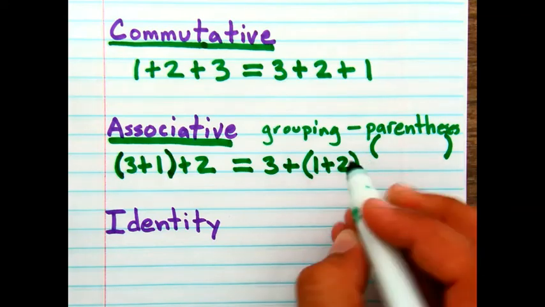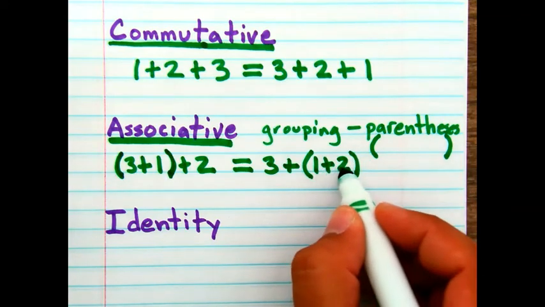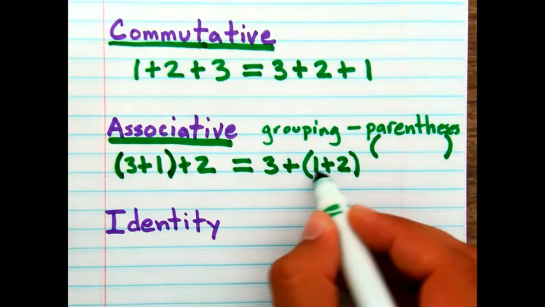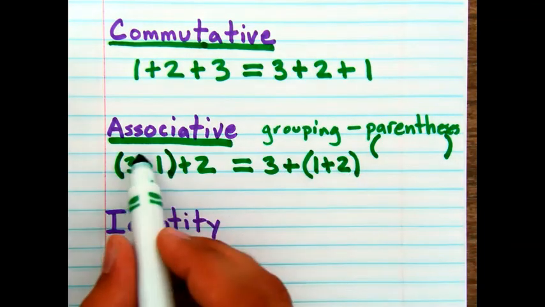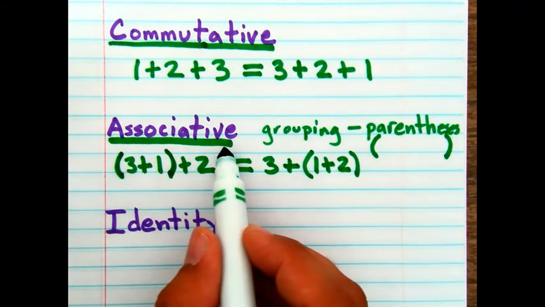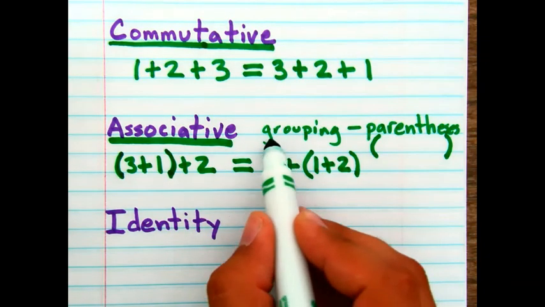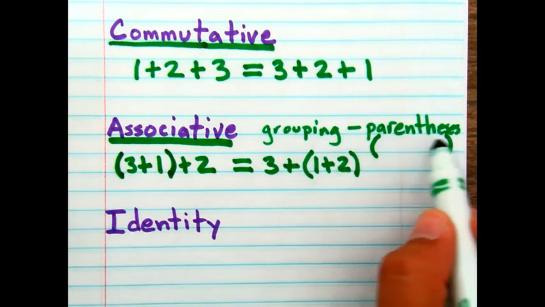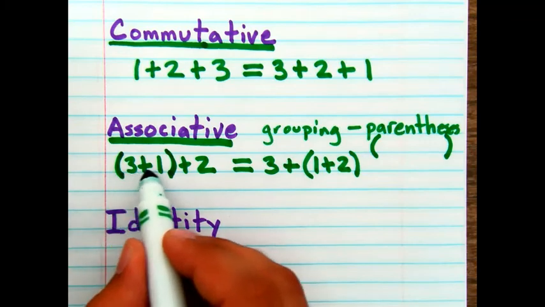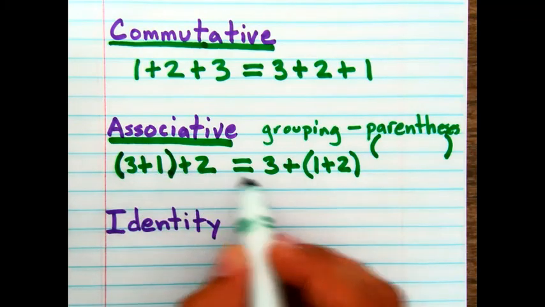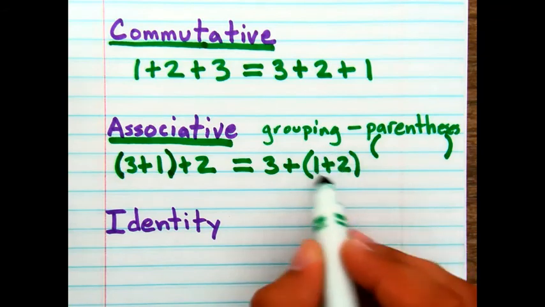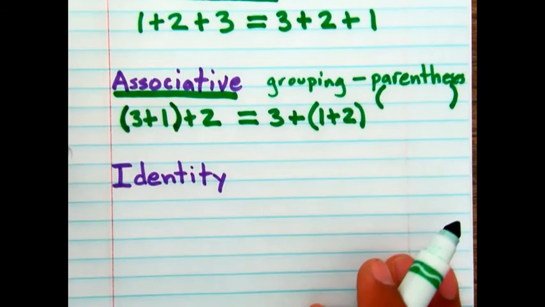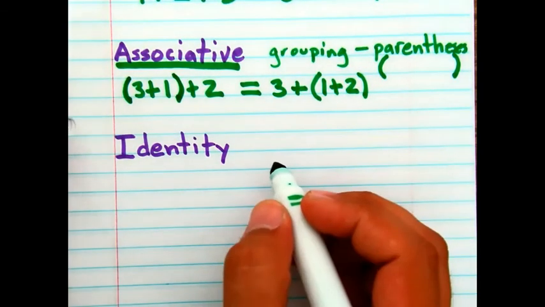If you whisper 1 plus 2 first, you're still going to get 3 plus 3, which is 6. So the associative property shows you that no matter how you group with parentheses, as long as it's all addition, the grouping only makes it easier to add. That's all.